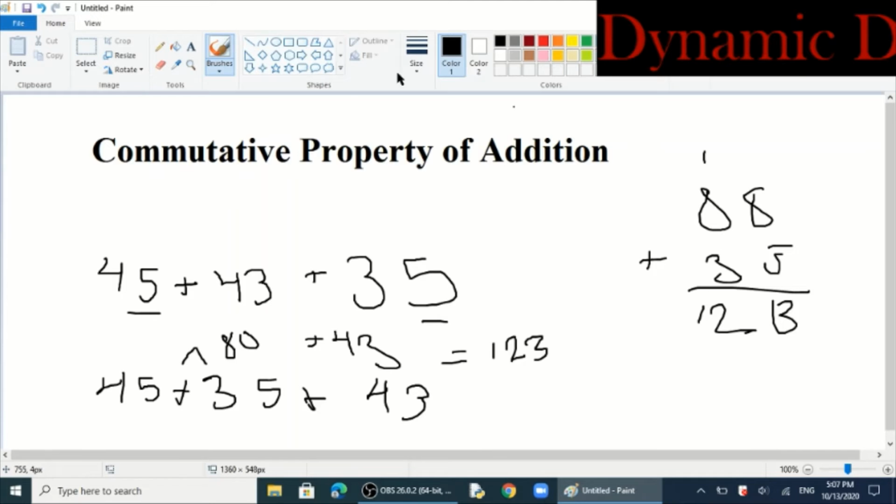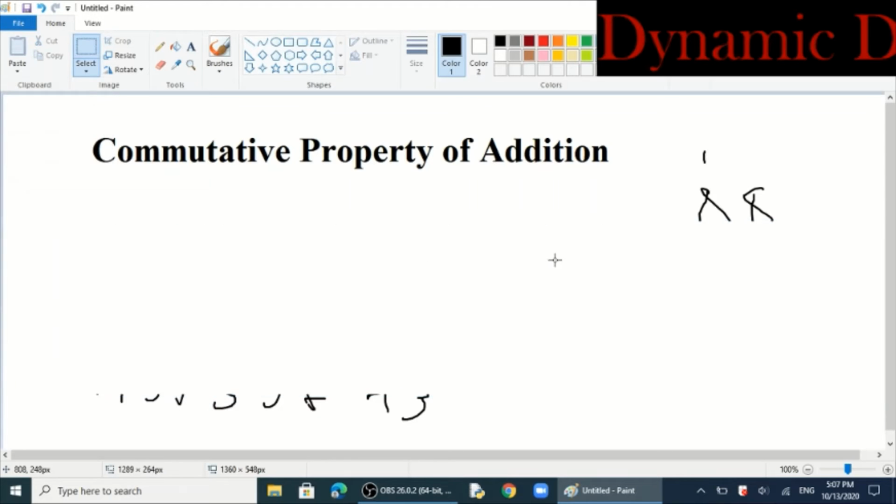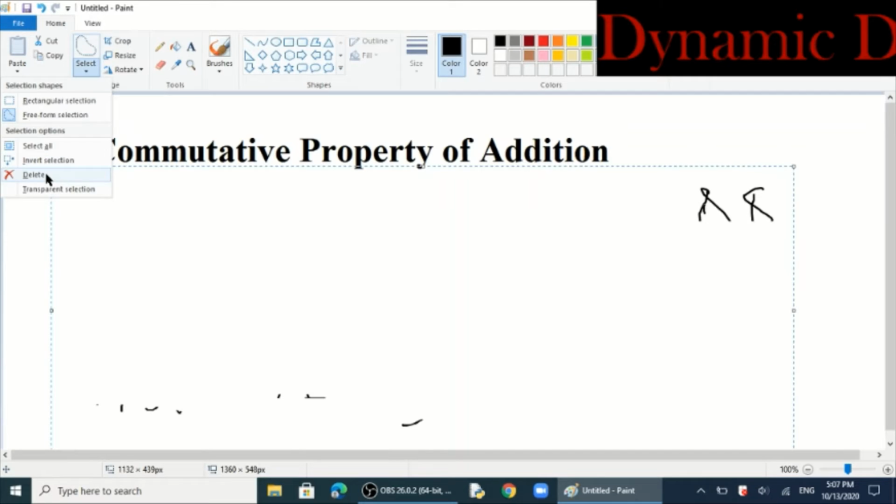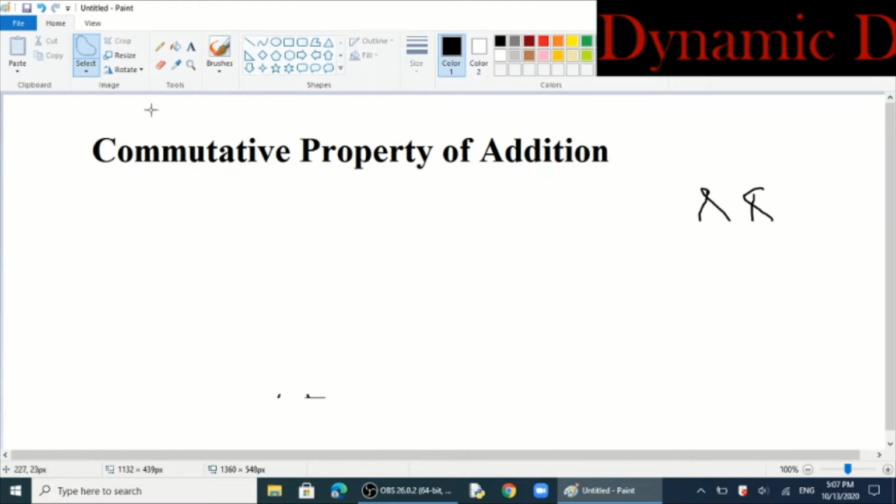Okay? So let me clear this out, and I'll now talk about the property of multiplication. So let's just delete that. Okay, so the commutative property of multiplication.